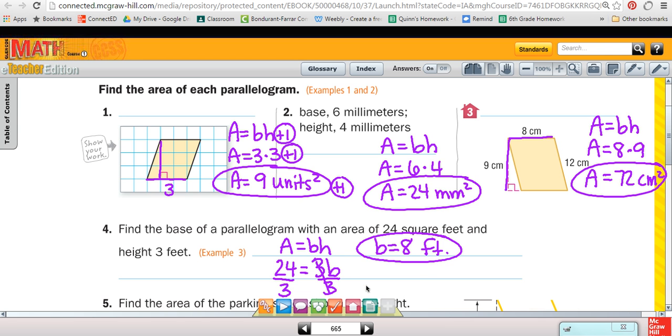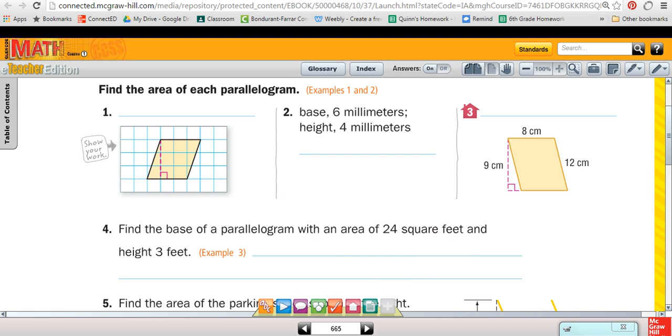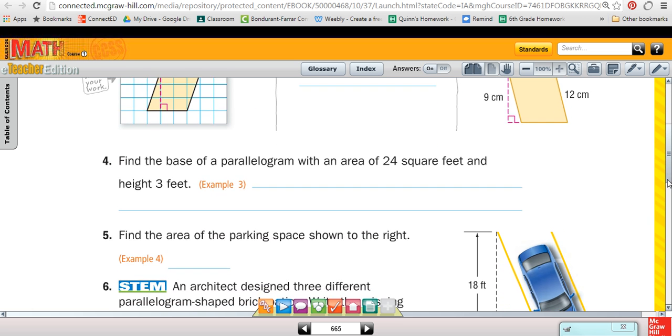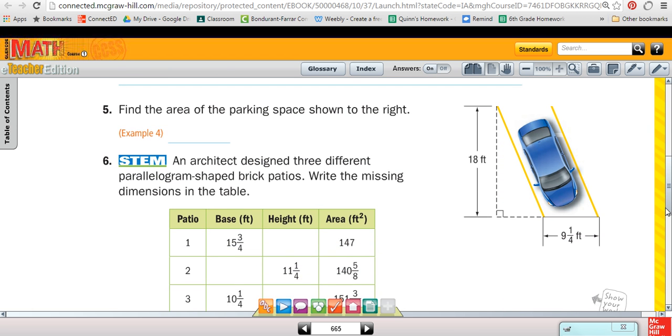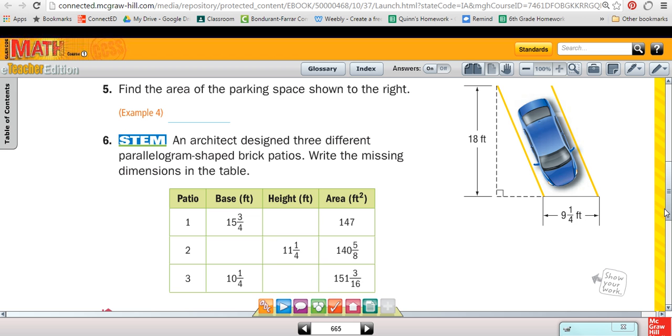If you need to pause at any point in time as we're checking, to check a problem or whatnot, feel free to do so. Okay, number 5, we have this car over here. So we're going to do area equals base times height again. Area is a base of 9 1/4 times a height of 18.